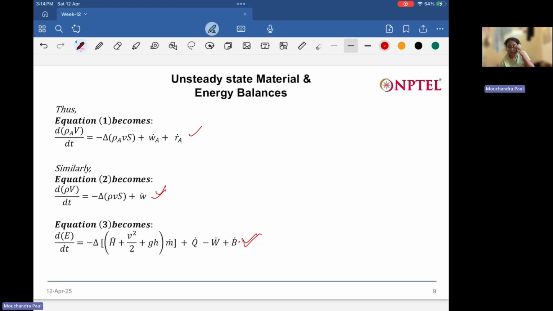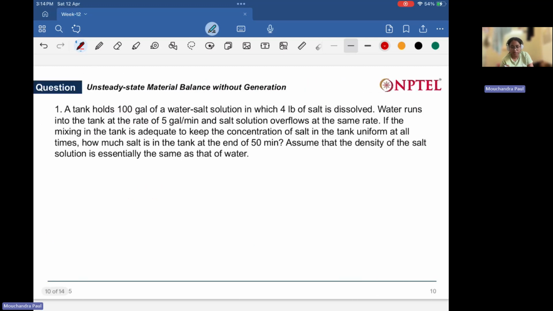Now we will start solving a few problems that use these differential equations to solve unsteady state material balance or energy balance equations. This is the first question. Here you are told that there is a tank that holds 100 gallons of water salt solution.